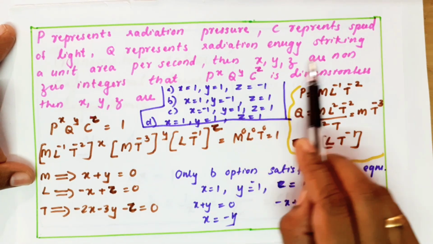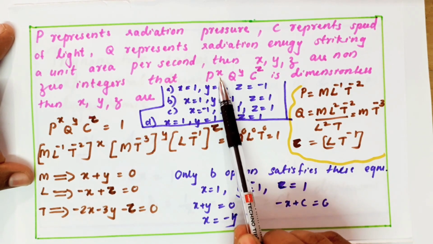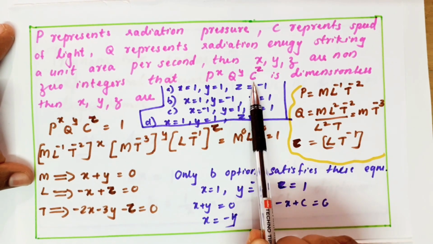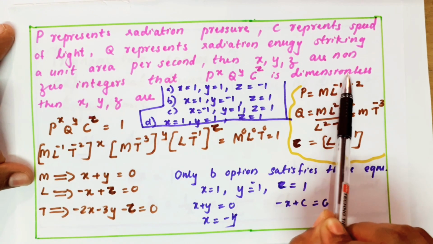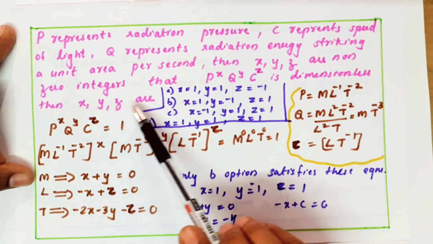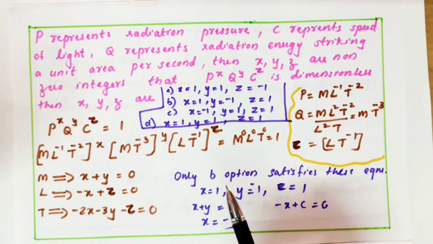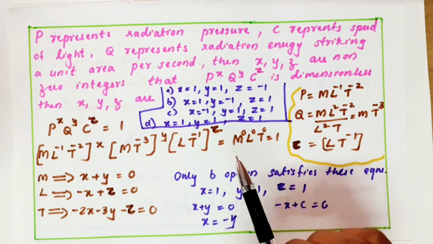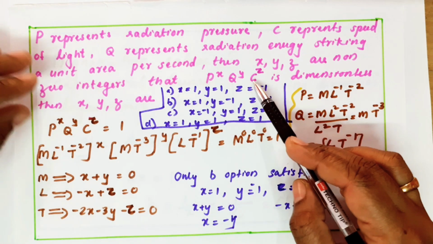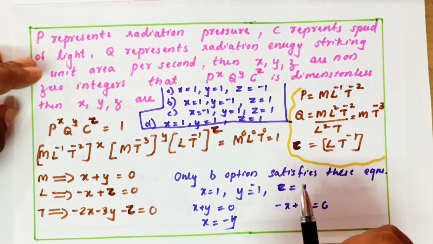Then x, y, z are non-zero integers such that P power x, Q power y, C power z is dimensionless. Then find x, y, z. This question is a little simple, direct only, but the answers they gave are a little tricky. So I gave 4 options. In these 4 options, which is correct, they asked.